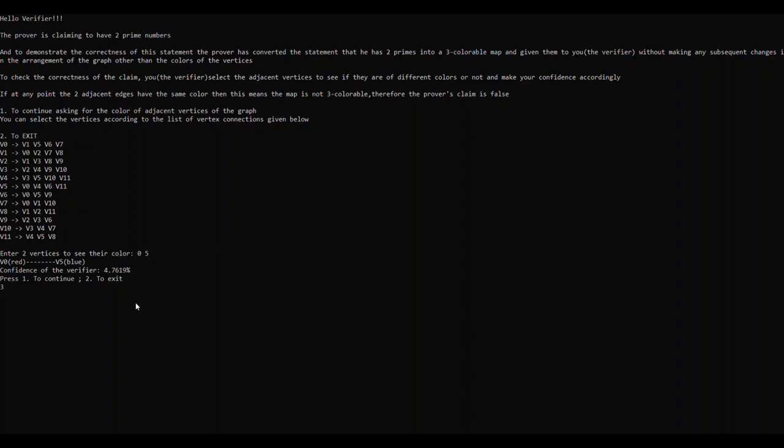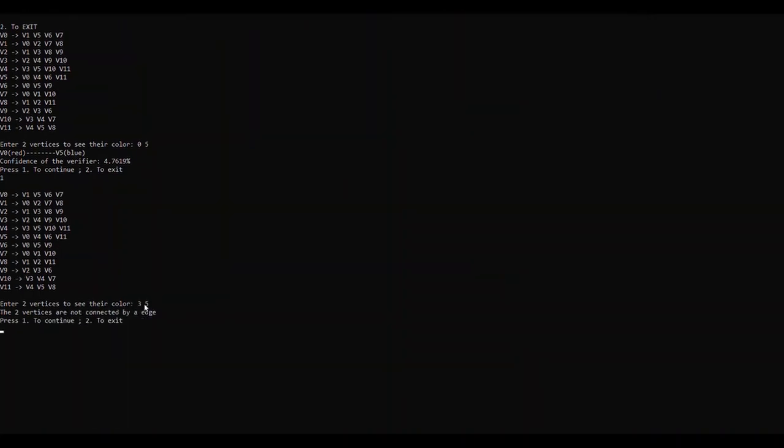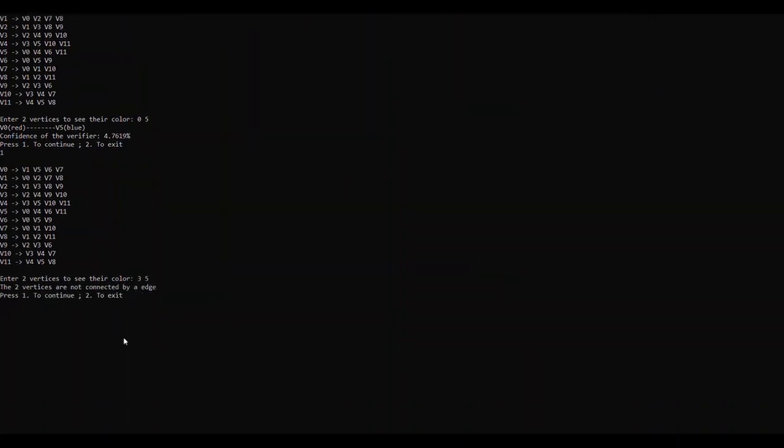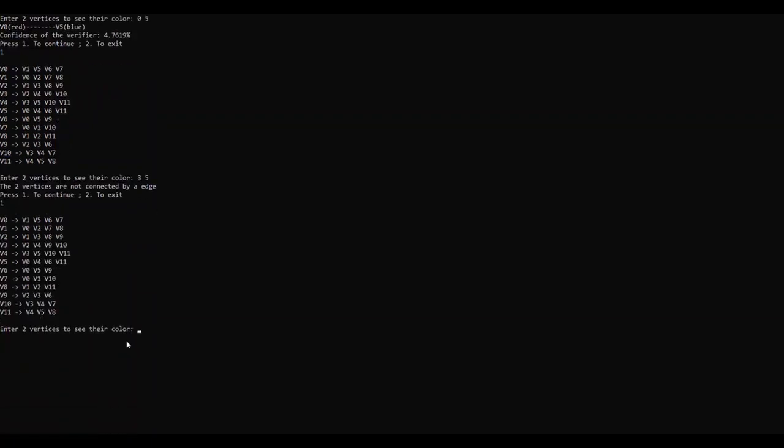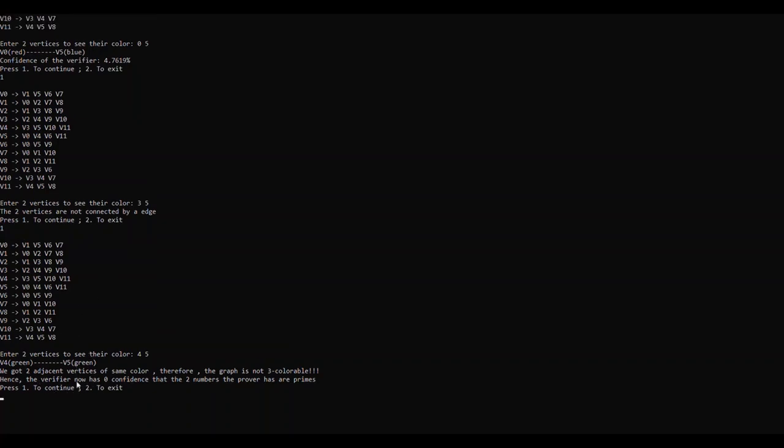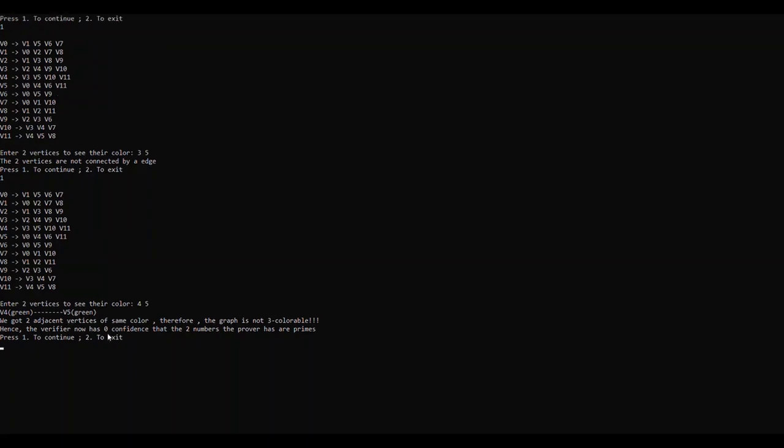And if we choose these two, they are not connected. If we choose vertices 4, 5, now these two are the same color, which means that the graph is not a three colorable graph.